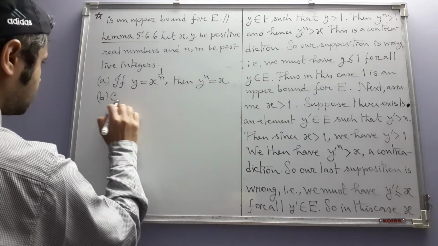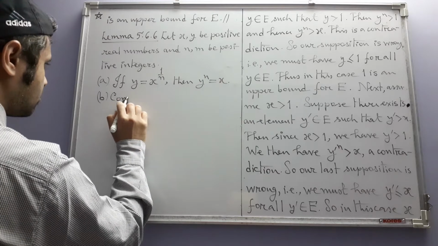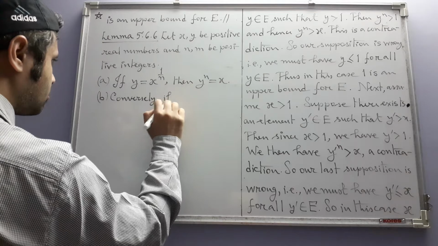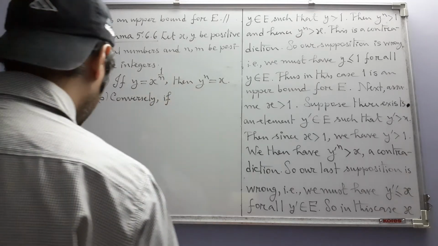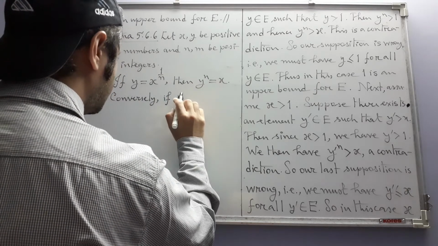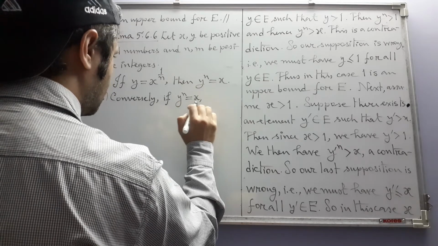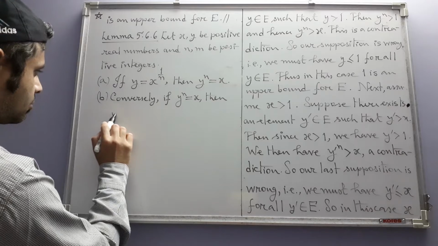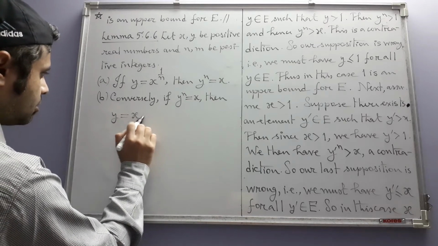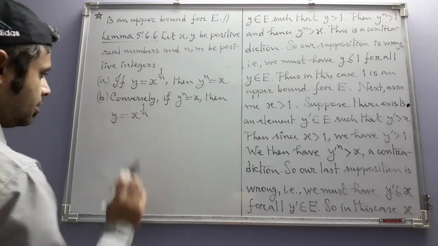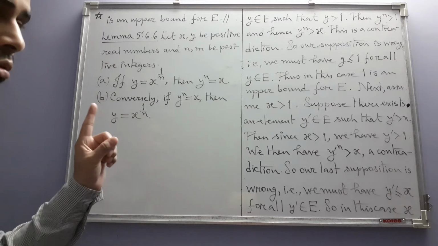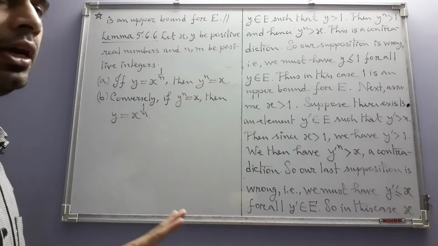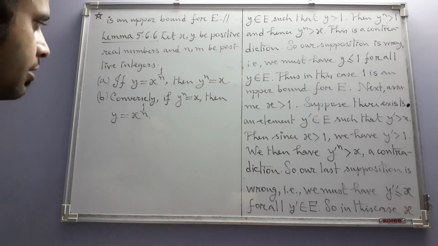Conversely, if y to the power n is equal to x, then y has to be equal to x to the power 1 by n. Keep in mind that x and y continue to be positive real numbers, not just any real numbers.